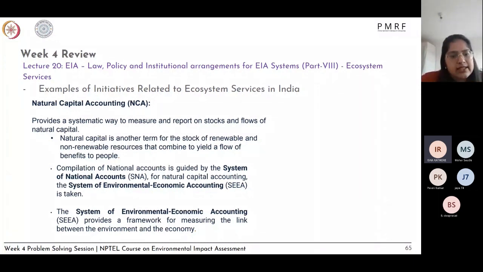And then it compiles these national accounts in a system of national accounts, the SNA, for natural capital accounting, which is the System of Environmental Economic Accounting, SEEA. And it provides a framework for measuring the link between the environment and the economy, like a stock based financial accounting measure by the countries.